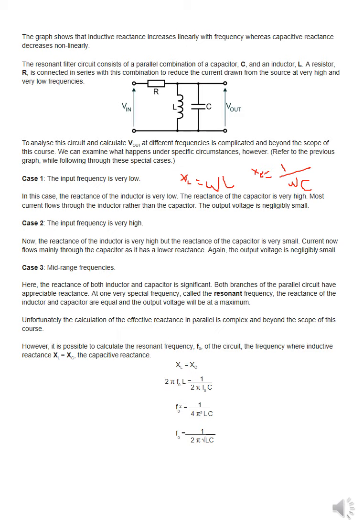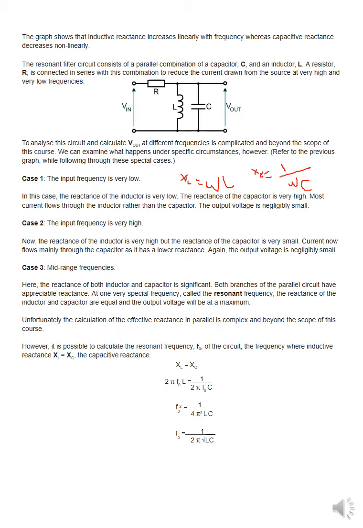If you look at the output across two parallel elements, whether resistance, capacitance, or a combination of them, the voltage across them must be equal. Because the capacitor is not allowing the current to flow, it will try to keep the voltage low.